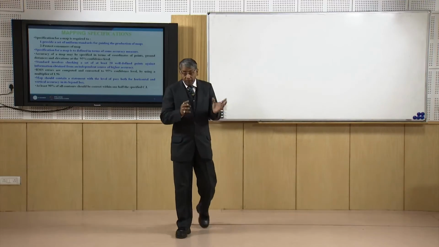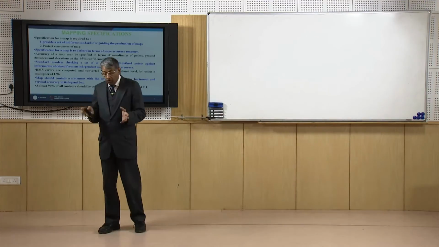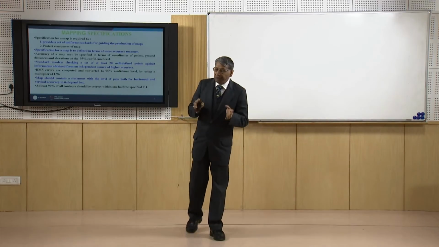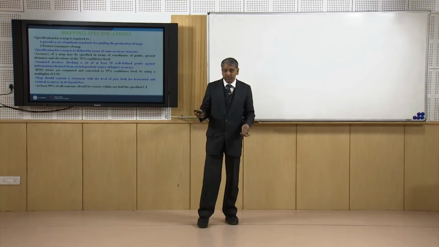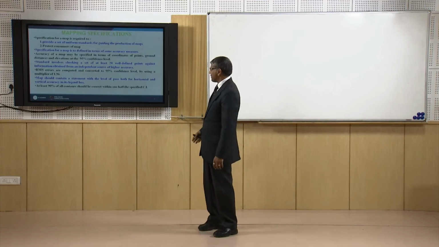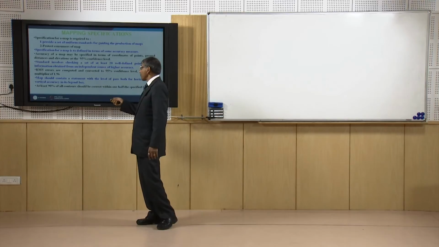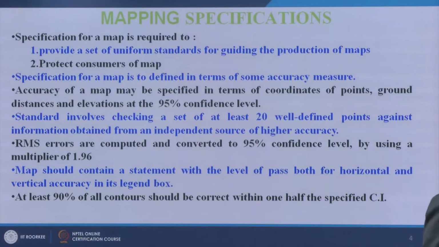And then from the existing value of the parameters, which has been derived from some better accuracy or better method of measurement, we have to find out the root mean square error. We already discussed what root mean square error is in our previous class.